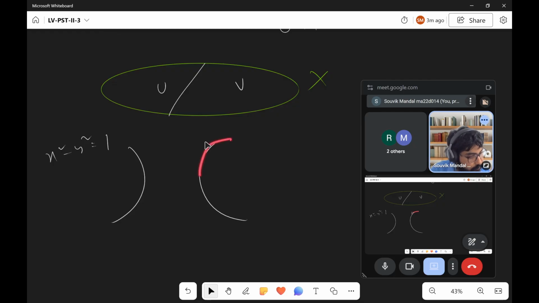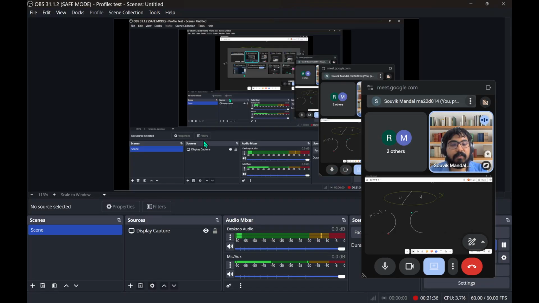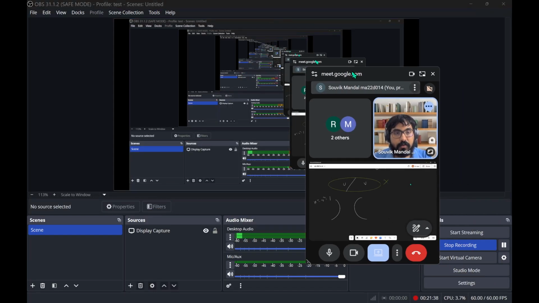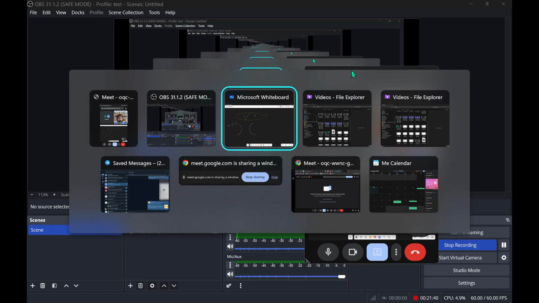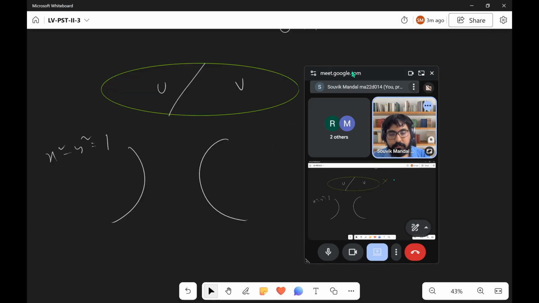Clearly this piece and this piece form a separation of this hyperbola. Is it clear from the picture? Yes, sir. Okay. So the definition basically is as follows.